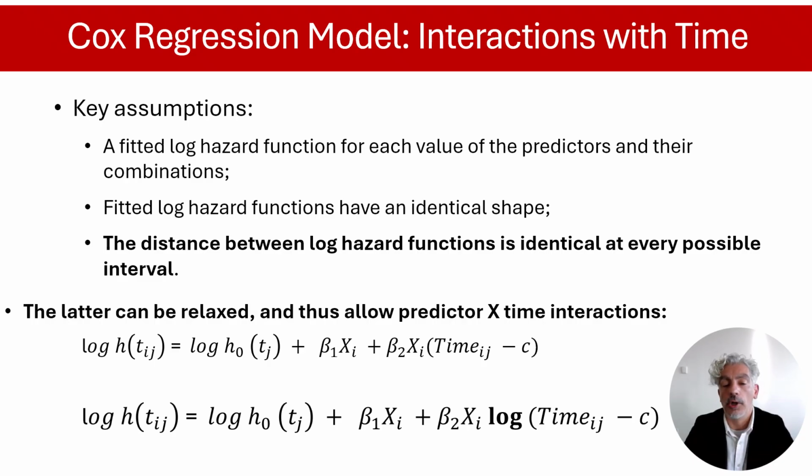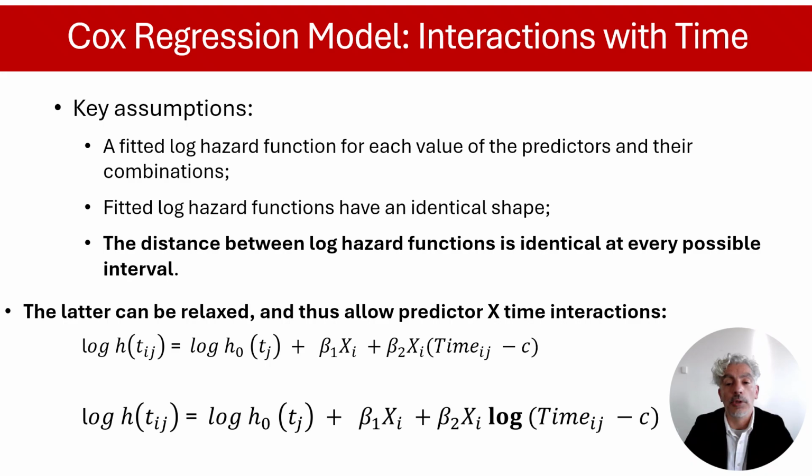Another popular option in modeling interactions with time is to consider the interaction between the predictor x and the natural logarithm of time. This has some useful qualities because, as usual, logarithm transformations are useful in representing changes in the magnitude of values. So it might be particularly useful in some instances.